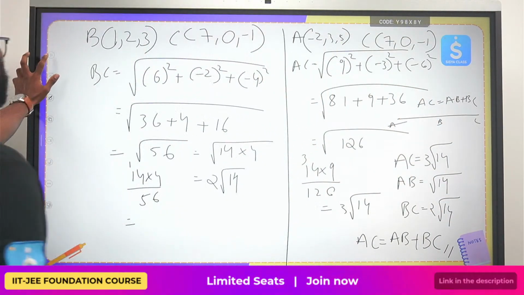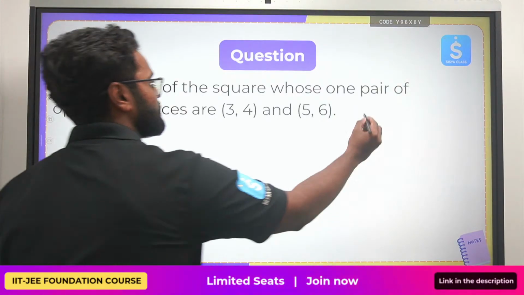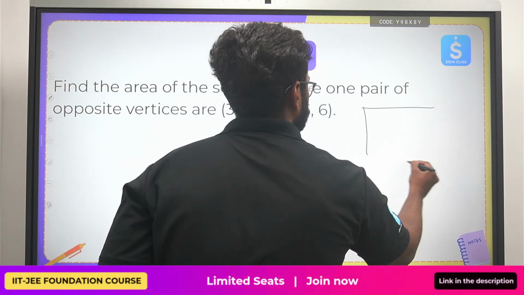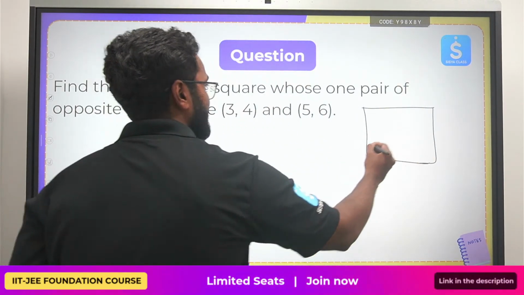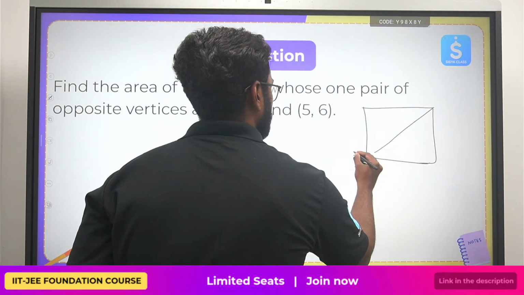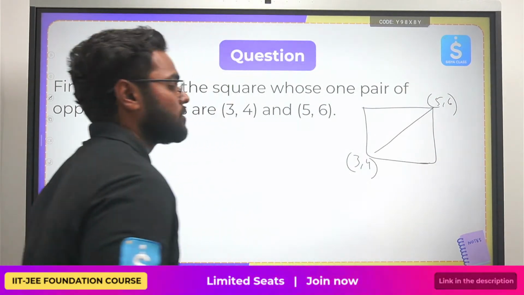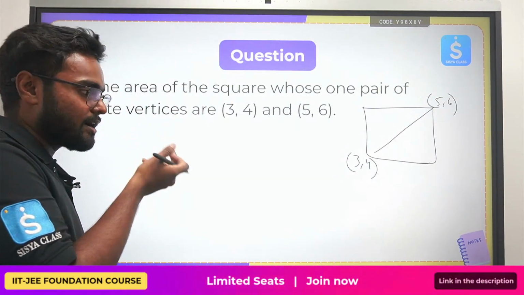Now the second question. Find the area of the square whose one pair of opposite vertices are (3, 4) and (5, 6). Let us assume this is a square. They have given you the vertices (3, 4) and (5, 6). You don't know the side, and the area is side square, right?